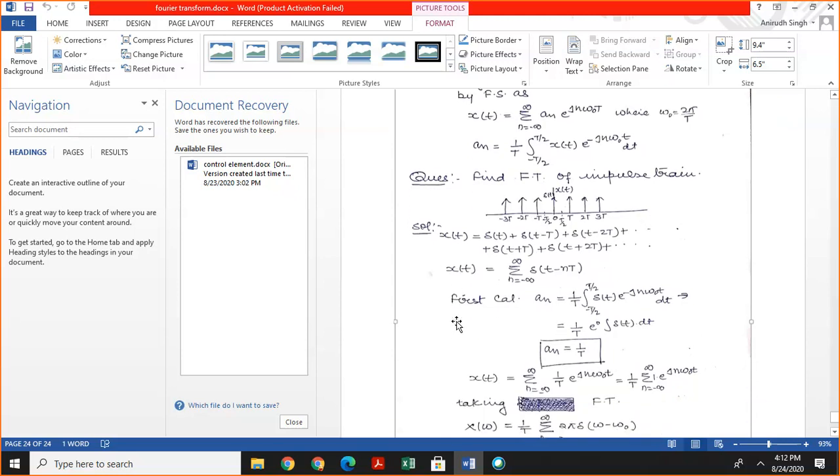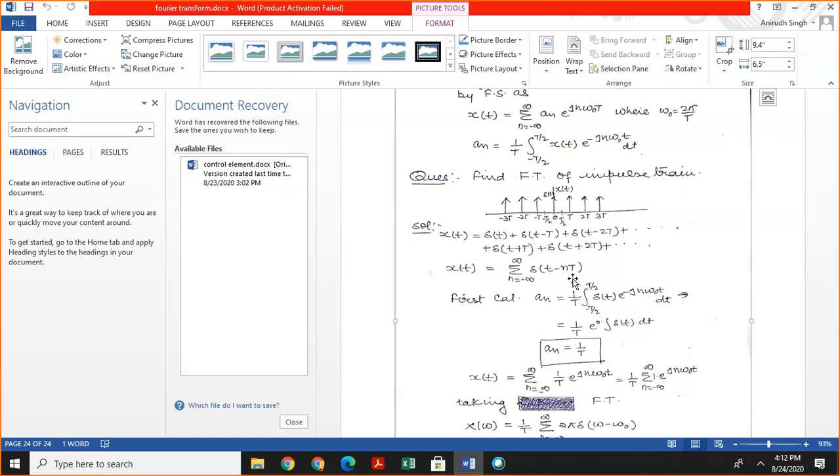So we can write x of t as summation from minus infinity to plus infinity delta t minus nT. This x of t is a summation of impulse function and its shifted versions.